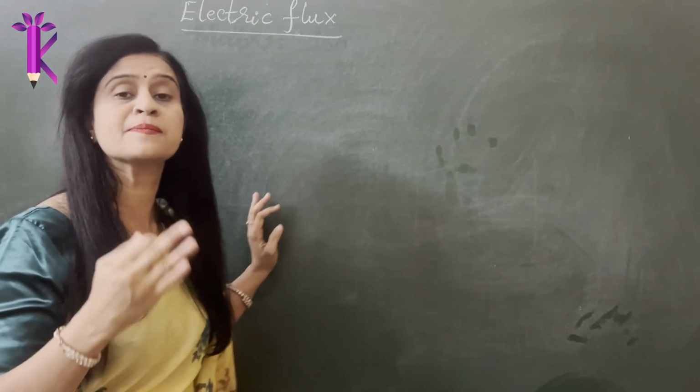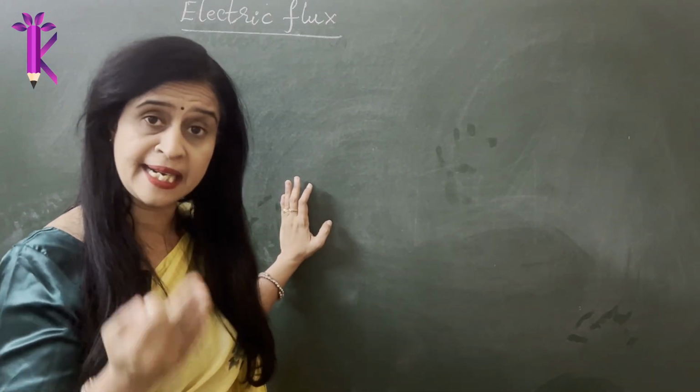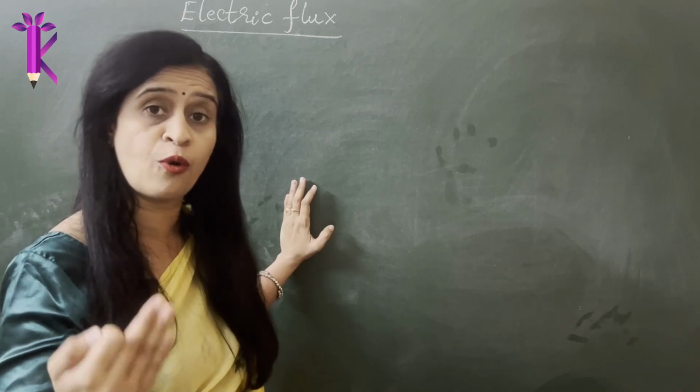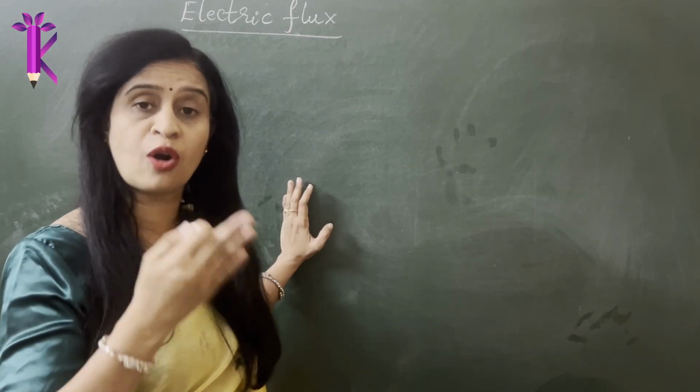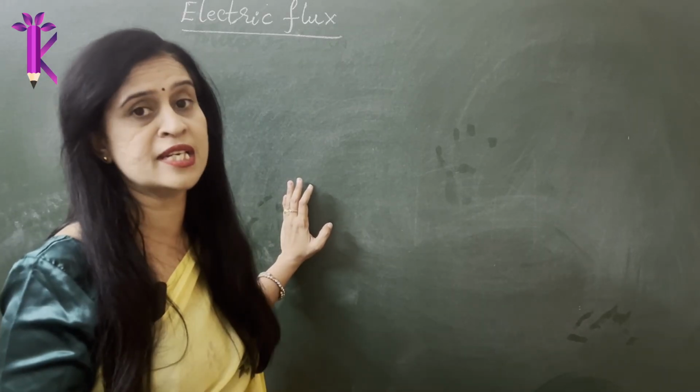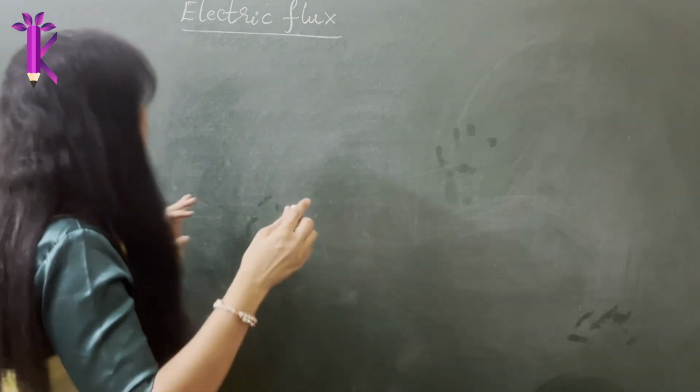So electric flux is basically the number of field lines or number of lines of force crossing a given cross-sectional area, a unit cross-sectional area of a surface. So how do you define this?